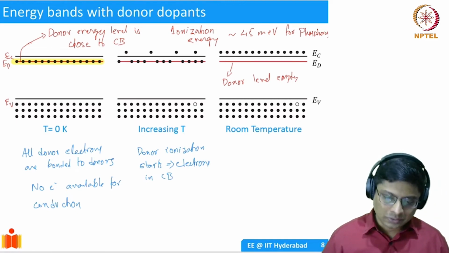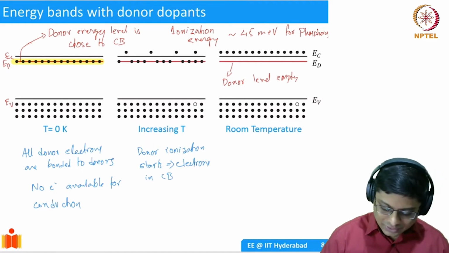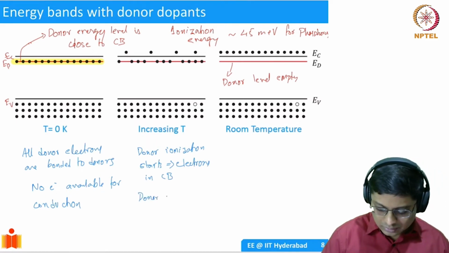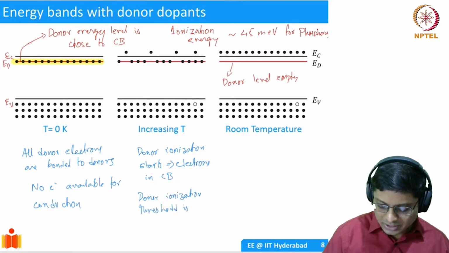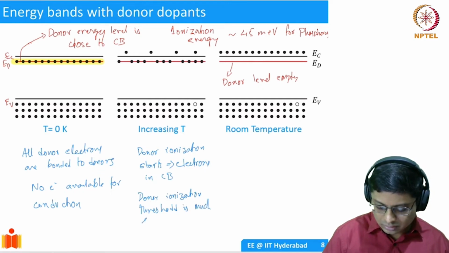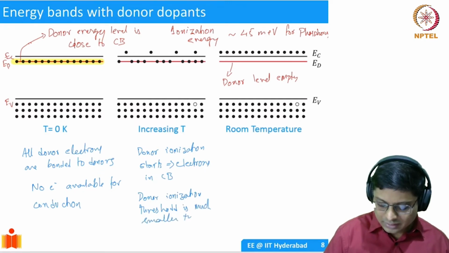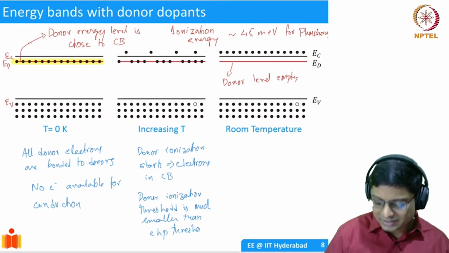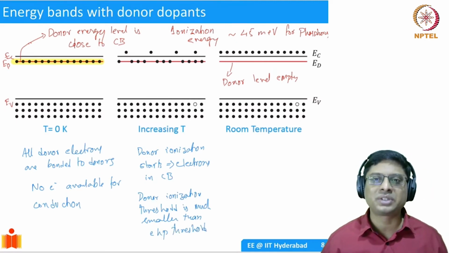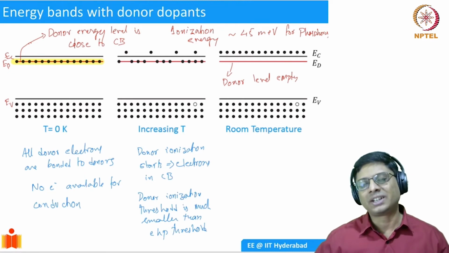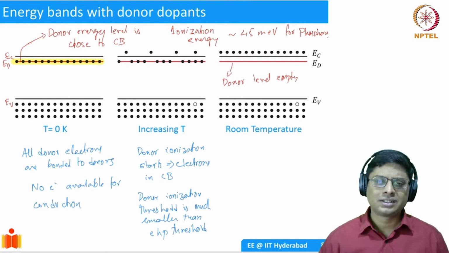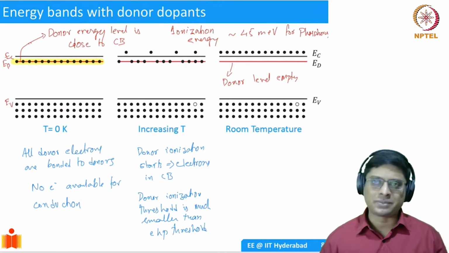So the donor ionization threshold is much smaller than the EHP threshold. By which I just mean that you need a higher amount of energy to create an electron hole pair. So most of the electrons are coming from the donor level instead of from the valence band.